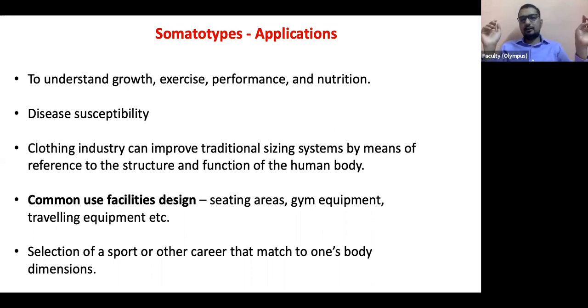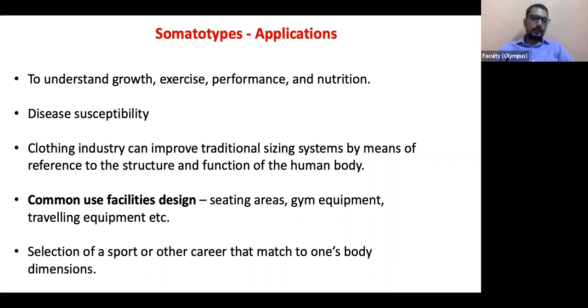We'll partly see this in unit 12, applications of anthropometry. I'll tell you a little bit of specifics there, but in general, knowing the body type helps us in designing seating areas, gym equipment, traveling equipment, and many common places where no fixed person uses it, but individuals with average sizes may use it. So having knowledge of somatotyping is greatly helpful for this.